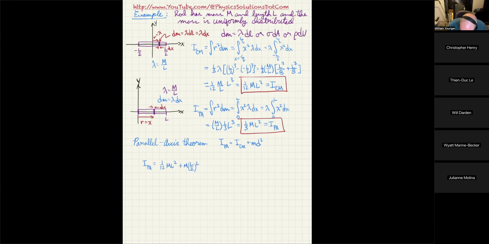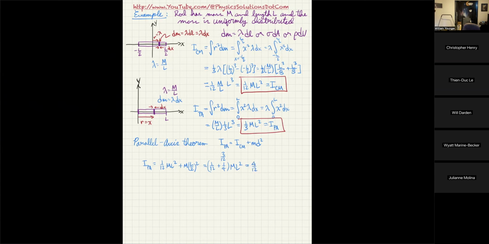All right. So now when I look at this, I'm going to get 1/12 plus, if I square L, I get L squared over 4. So that's going to be 1/12 plus 1/4, both of which are times ML squared. And 1/4 is the same thing as 3/12. So 1/12 plus 3/12 equals 4/12.